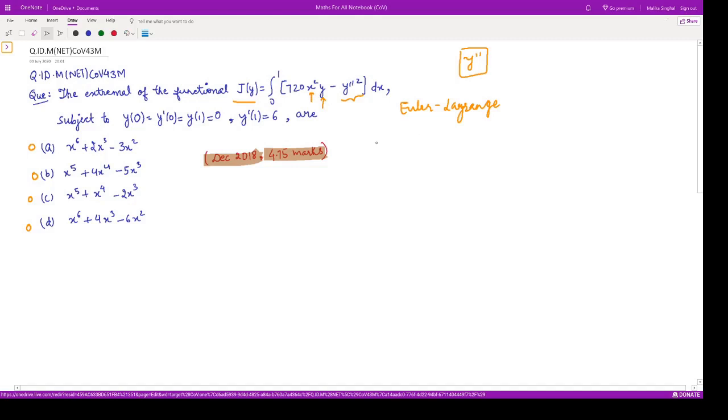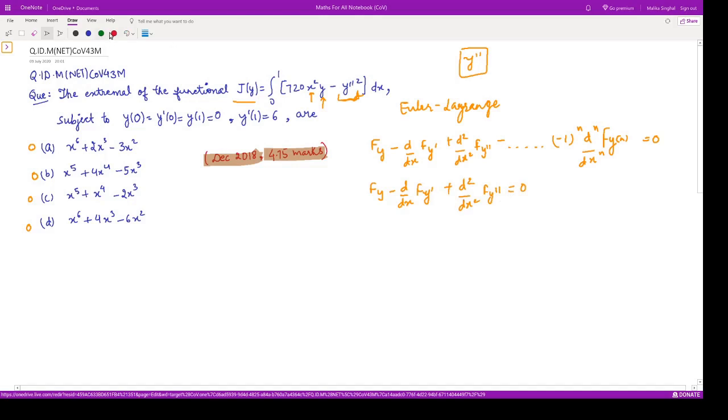Then it has the form f_y minus d/dx of f_y' plus d²/dx² of f_y'' minus and so on up to minus 1 raised to power n, dⁿ/dxⁿ of the partial derivative of f with respect to y^(n), is equal to 0. In this equation we have derivatives up to second order, so our equation would be f_y minus d/dx of f_y' plus d²/dx² of f_y'' is equal to 0.